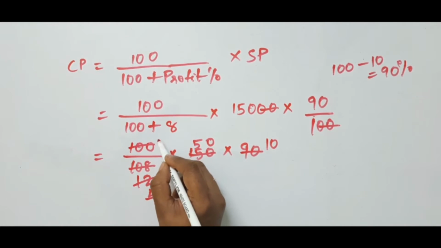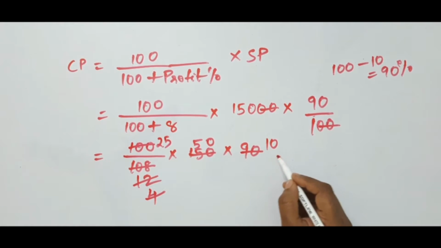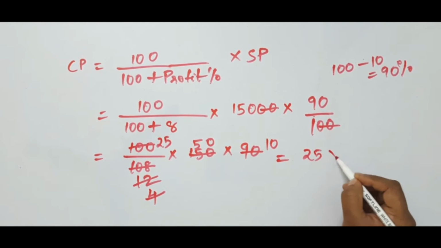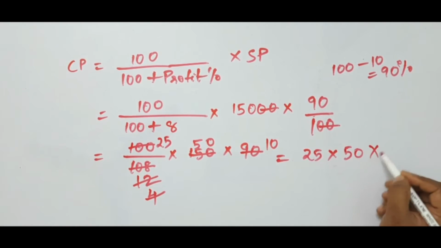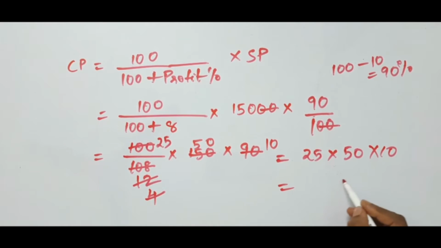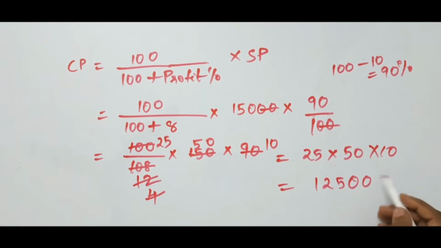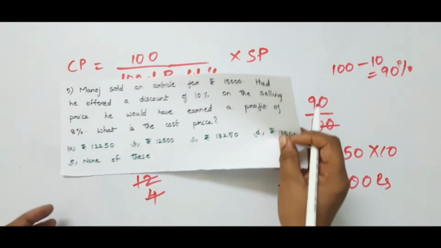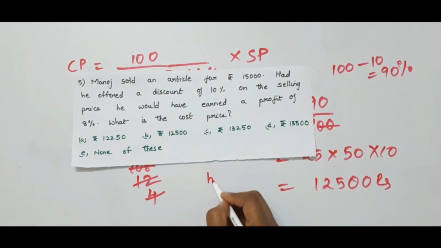This becomes 4 1s and it is 25. So we got 25 into 50 into 10. So this is 25 into 5, which is 125, plus 2 zeros. So rupees 12,500. Let us go to the options and check where it is. It is option B. Now let us go to the next problem.